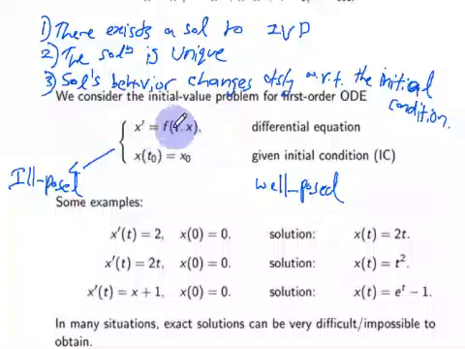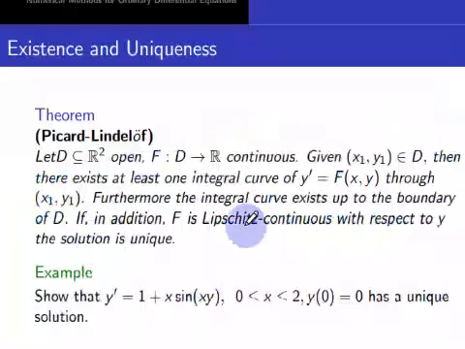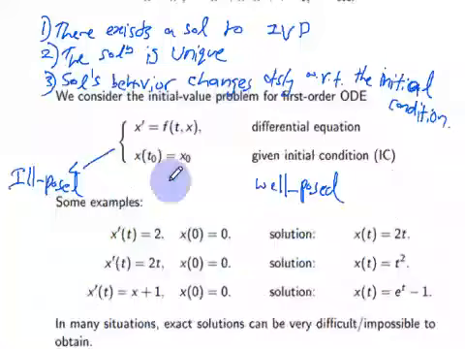T is the independent variable, x is the dependent variable, right? So this one is very important when you deal with initial value problems. If you want to check this system has a unique solution, all you need to do is check whether f is Lipschitz continuous with respect to the dependent variable x, right?